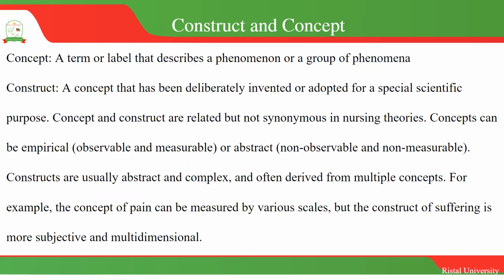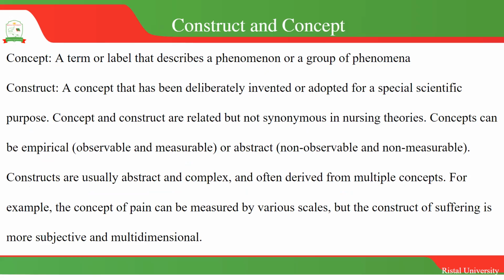So another term that can be related to a concept is what we call a construct. A construct is a deliberately invented or adopted concept for a specific scientific purpose.